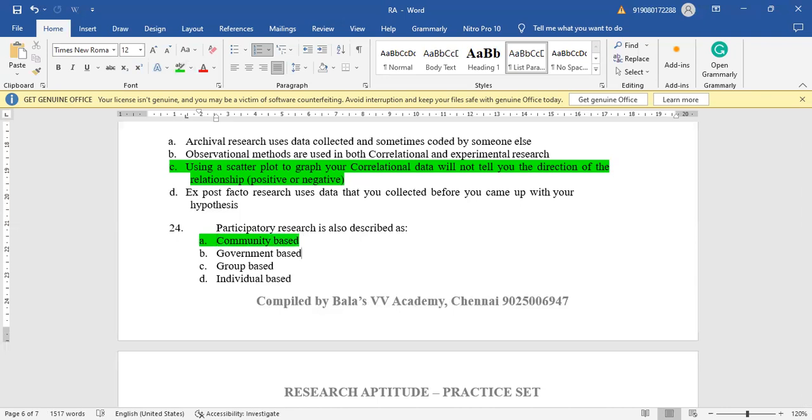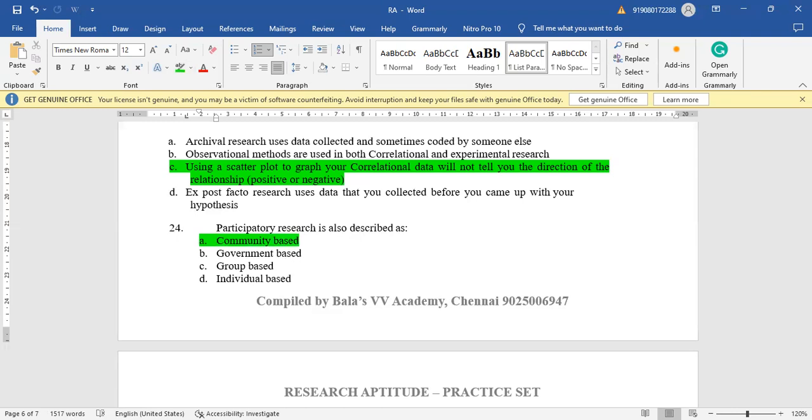Participatory research refers to the researcher participating in the research environment, right? For example, a doctor is taking a sample from the patient. He would be a part of the patient community, correct?